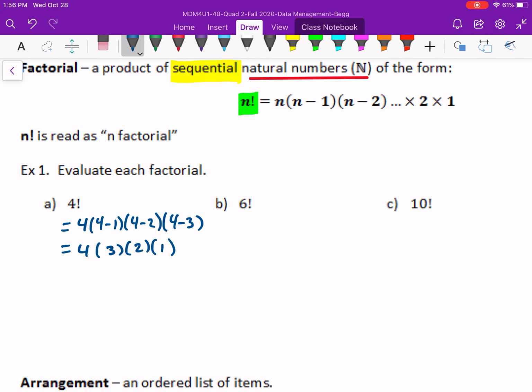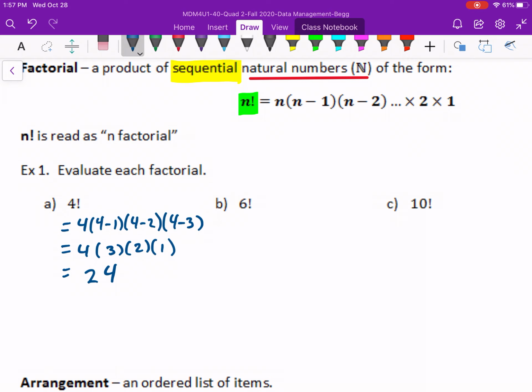And that's why I stopped at 4 minus 3, because I knew that I had to stop when I got to 1. So it's just taking the number, whatever that number n is, and multiplying it by 1 less until you get down to 1. So 4 times 3 is 12, times 2 is 24, times 1 is still 24. So 4 factorial is equal to 24.